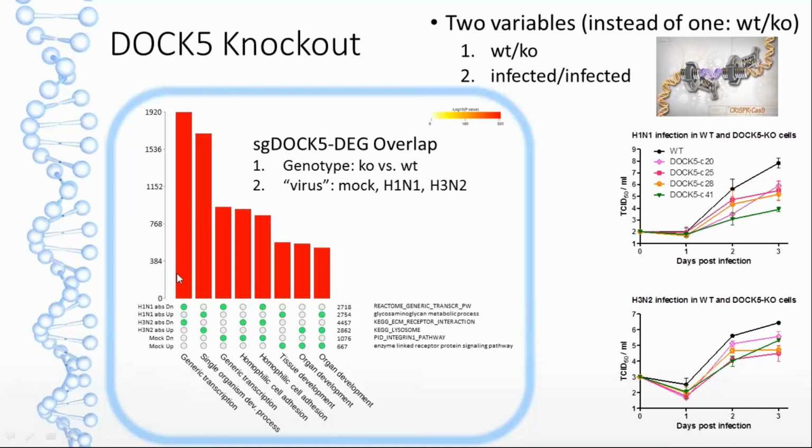The horizontal bars indicate the individual gene sets, and all these vertical dots, whenever there's a green dot, show the intersection, in this case, between the differentially expressed genes of the H1N1 down-regulated genes between wild type and knockout, and the H3N2 down-regulated genes between wild type and knockout.